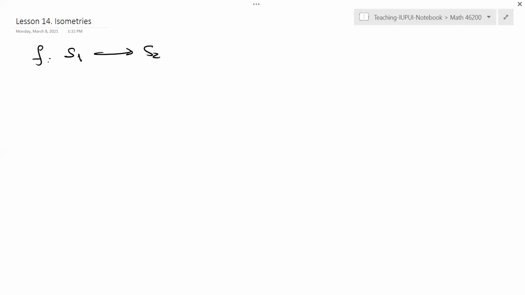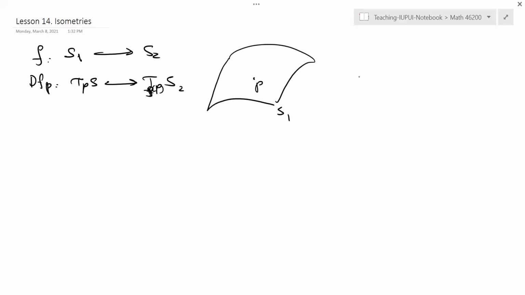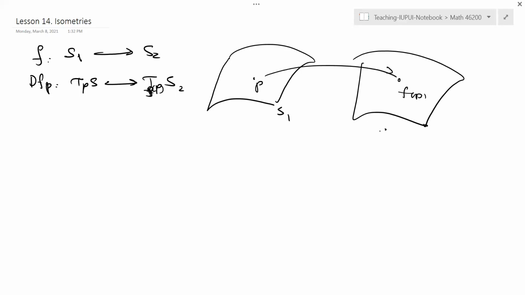And this is a map, and at every point it induces a linear map from tangent space to tangent space. So this is the image space, this is F of P. Let's take a look at the picture. Here's a point, S1. Here's another surface, FP, S2. So it induces a linear map from tangent space to tangent space.